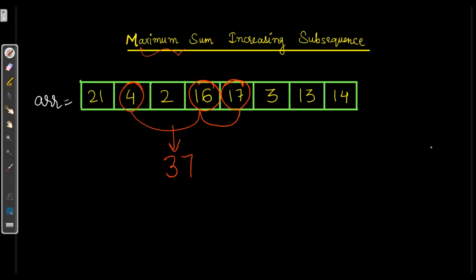As it is the maximum sum in incrementing order, it is sorted: 4, then 16, then 17, and it is a subsequence. It can be continuous or it cannot be. So this is how we can calculate the maximum sum increasing subsequence in a very easy way.